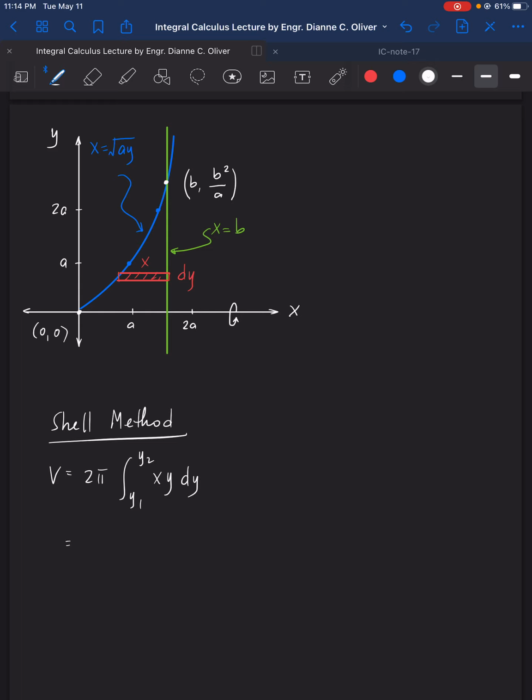Notice here that x is not just simply x.